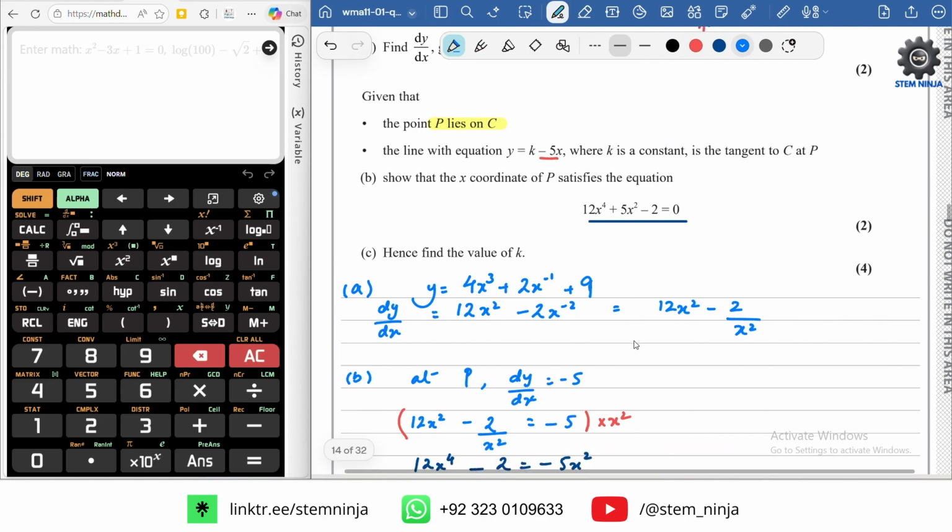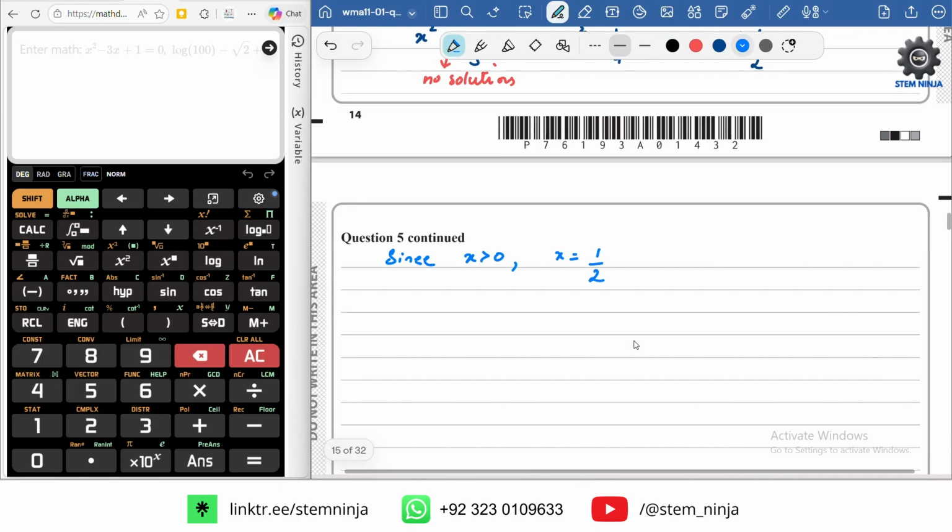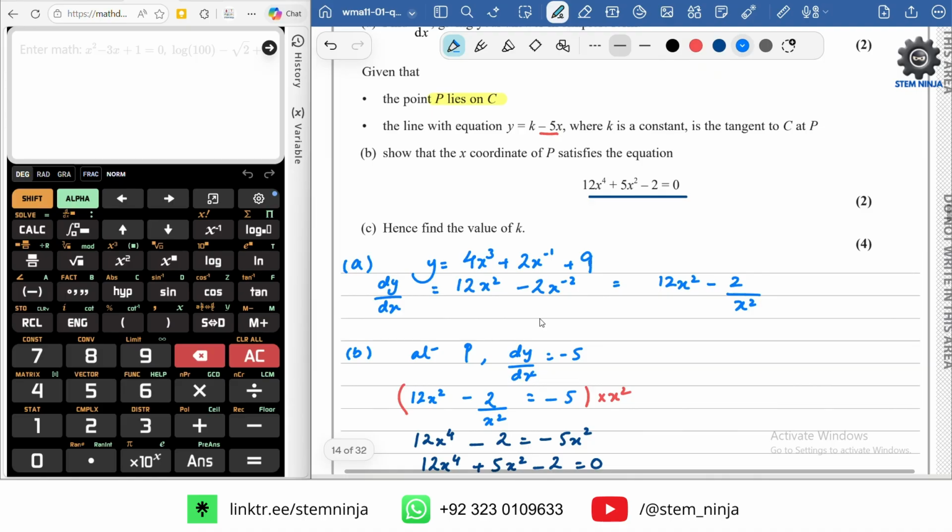Right. So we now need to find the value of k. We have found the x value where the gradient is minus 5, so now we need the y value also. The y value at 4x cubed plus 2 over x plus 9, that was the function.